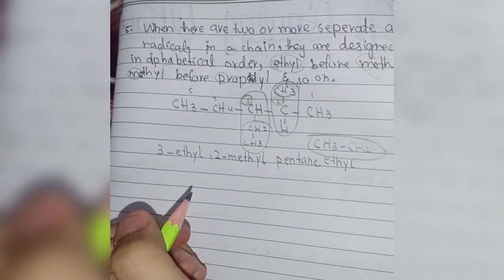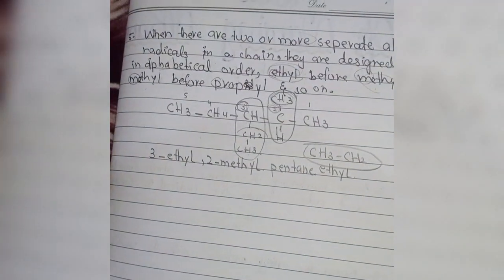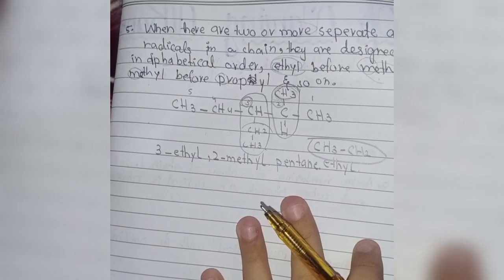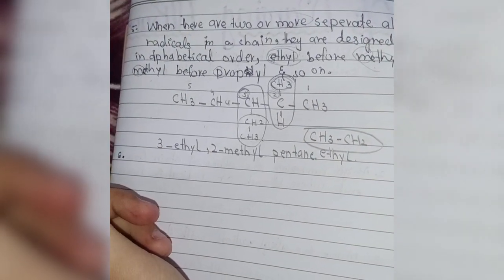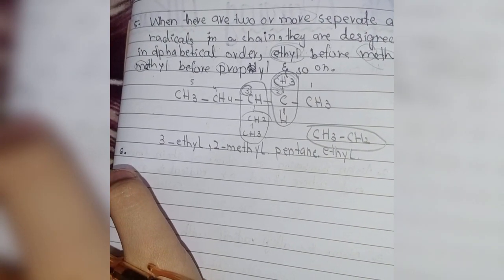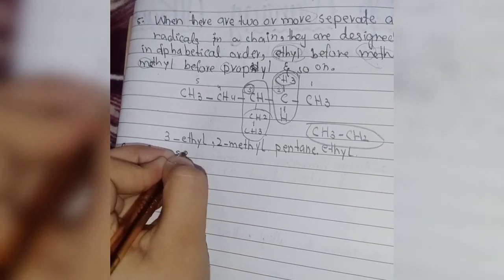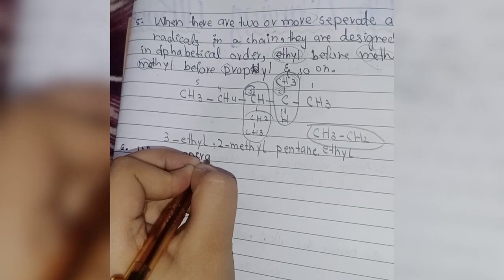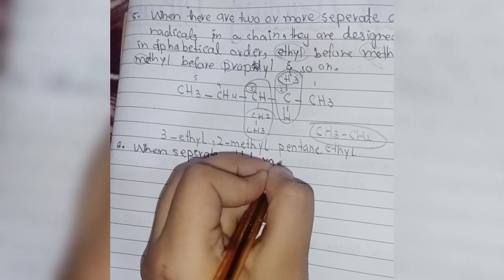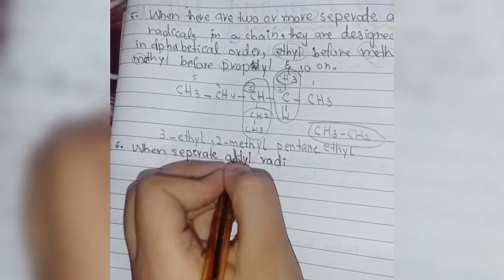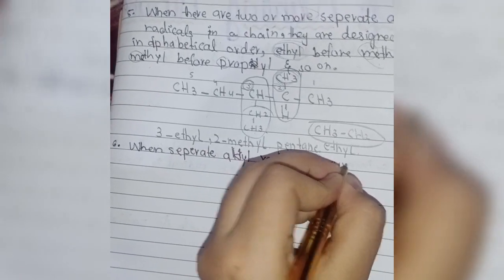Okay, so this is how we used to give the alphabetical order to the structure according to the rules. Now the sixth rule, which is when separate alkyl radicals occur at the same position.